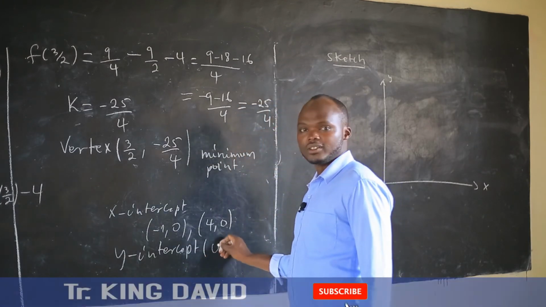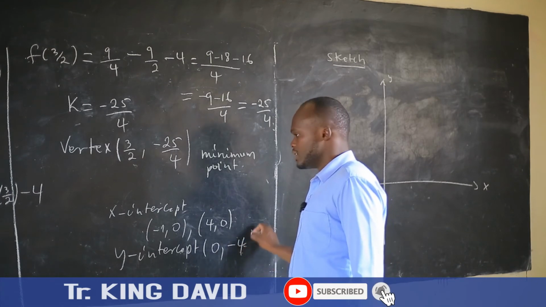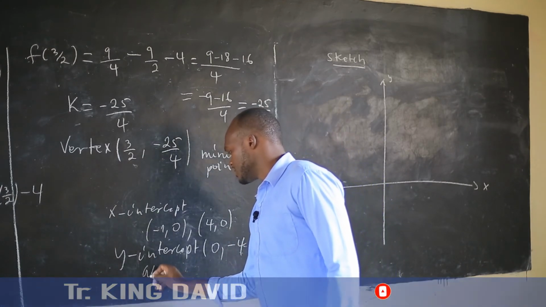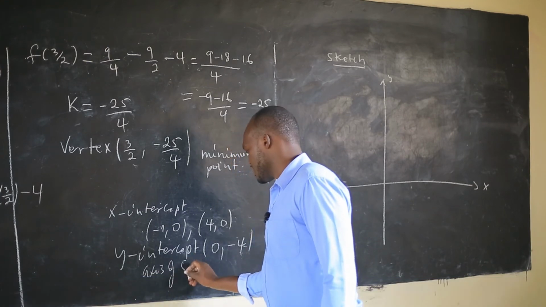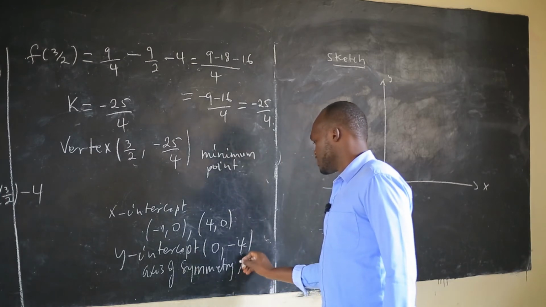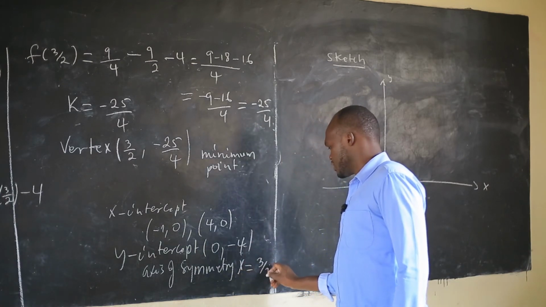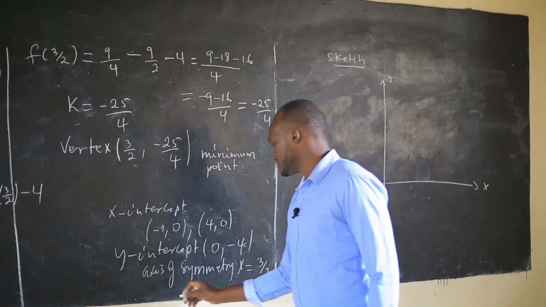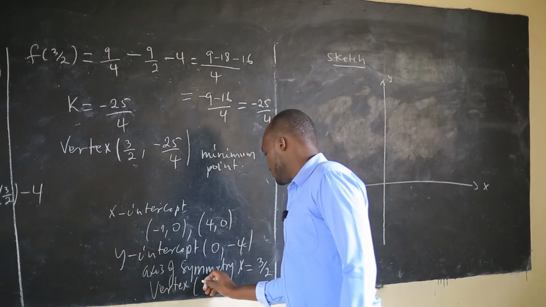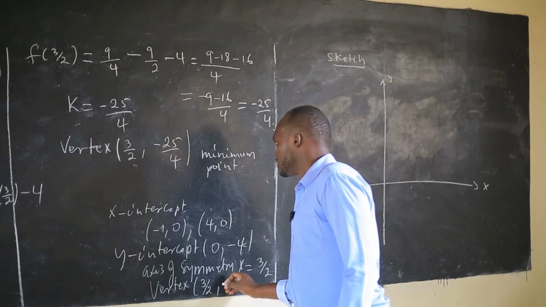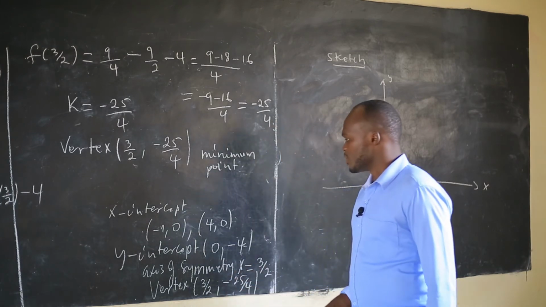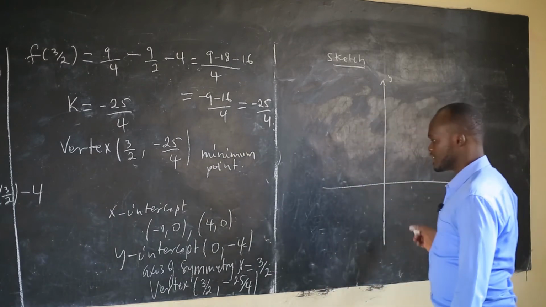We got the axis of symmetry as x equals 3 over 2. So we got the vertex equal to 3 over 2, which is a minimum point, and negative 25 over 4. So those are the points we're going to use when we're sketching here.